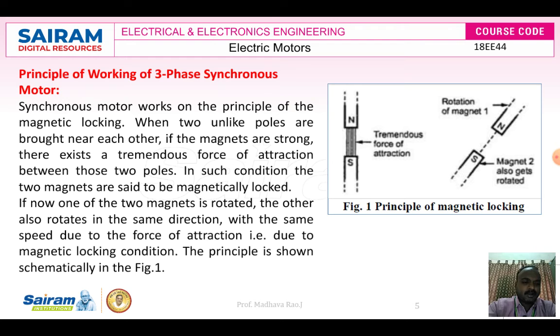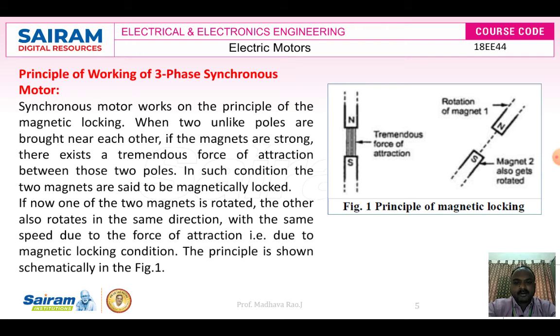Like poles repel each other and unlike poles attract each other. Based on that concept, the synchronous motor works. So the principle is magnetic locking. When two unlike poles are brought near each other, attraction will happen.